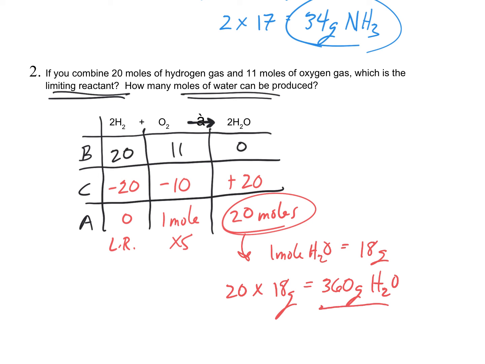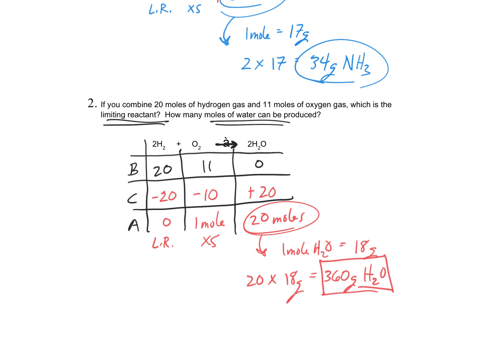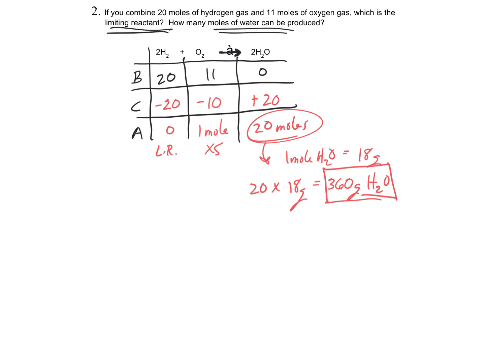Again, I know it wasn't asked for, but I just wanted to get into the habit of converting to mass, and if given mass, converting to moles, okay? There's nothing different there. There's nothing new. In fact, we were doing mole calculations early in the semester, okay? So this is old stuff now. All right, let's try a different problem.